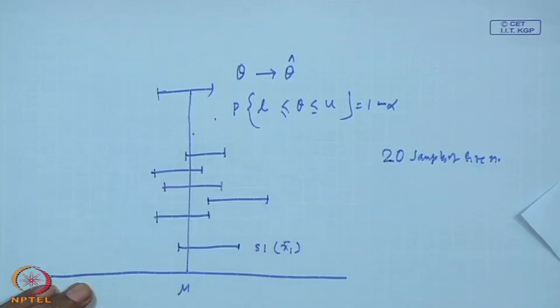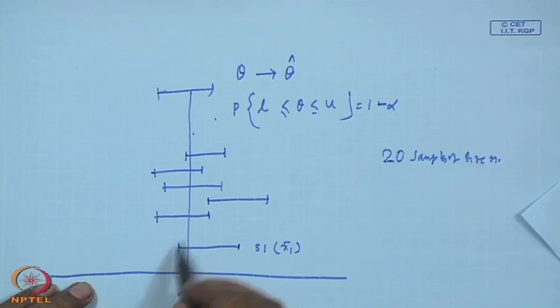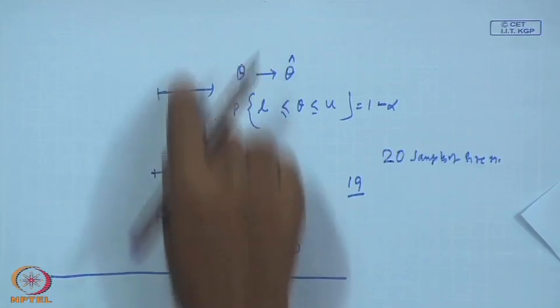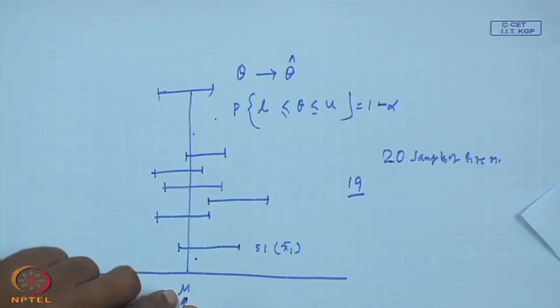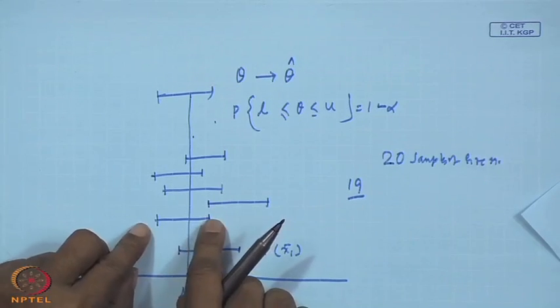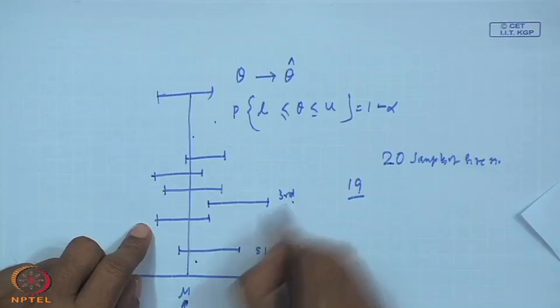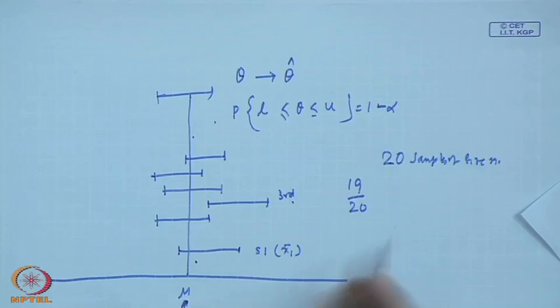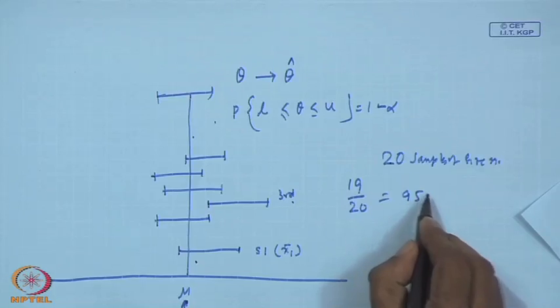Hypothetically, this is my true mean, and 19 of the sample intervals contain this mean. This true mean is a constant value. The first sample interval contains the mean, the second contains it, but the third one does not. So out of 20, 19 contain the mean, so that means it is 95%.